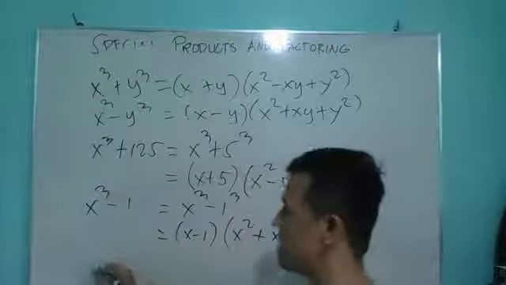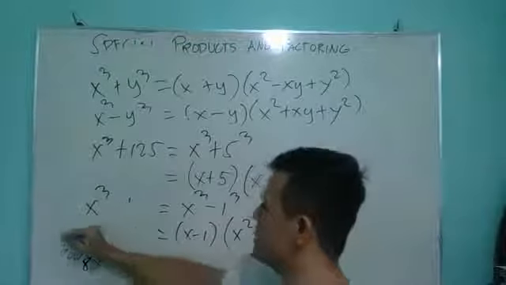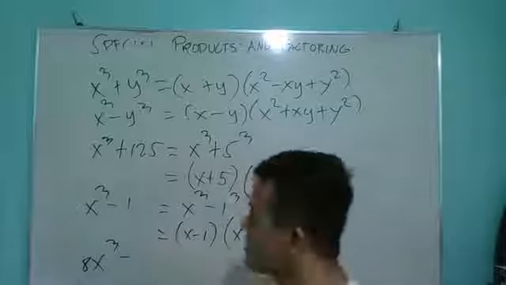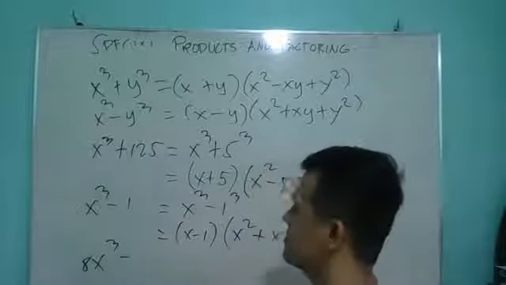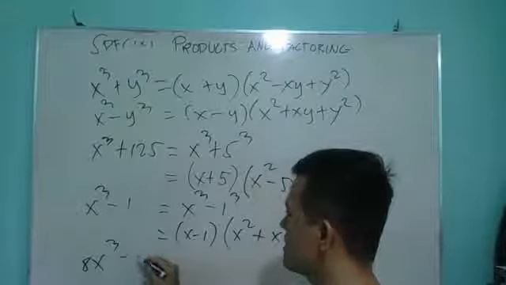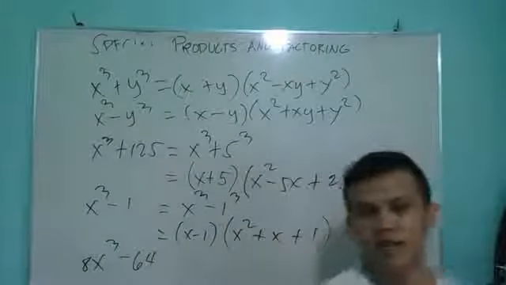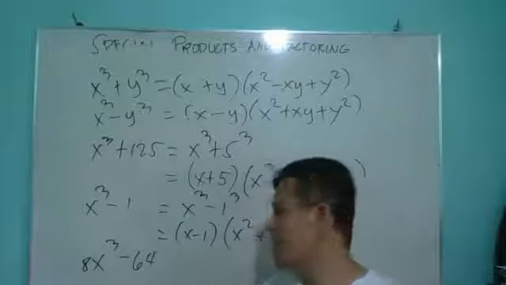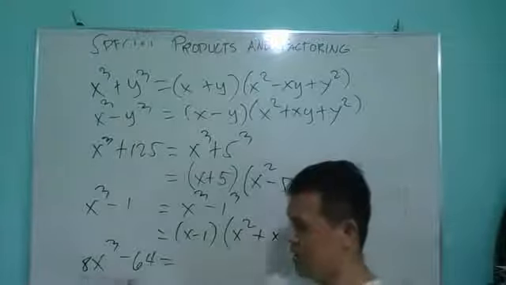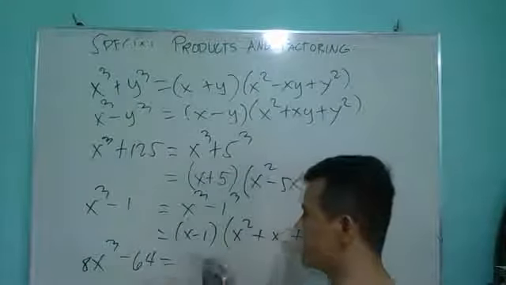We have 8x cubed minus 64. You can also do it another way, but this one has a common factor of 8, so put that common factor out.